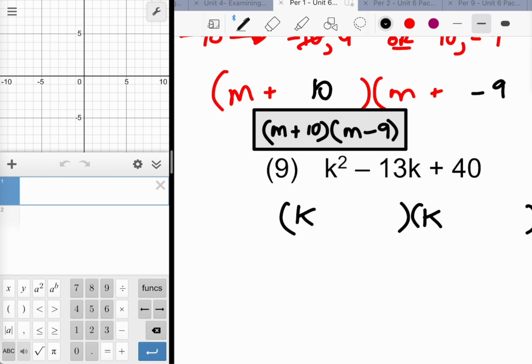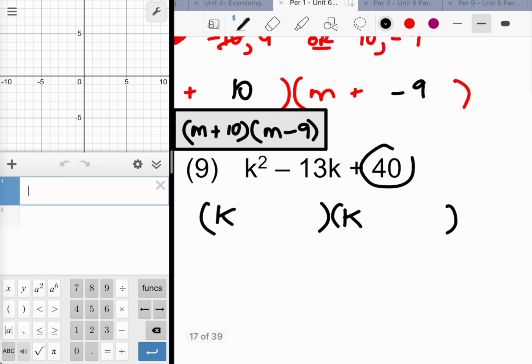So that's not a winning combination. 2 and 20, same deal. Add 2 and 20, not going to get a 13. Subtract them in any way possible, not going to get a 13. All right? So you go down your list and you start thinking, all right, well, I'm running out of possible pairings here. 4 and 10. So you think 4 and 10. All right, well, now we're closer.